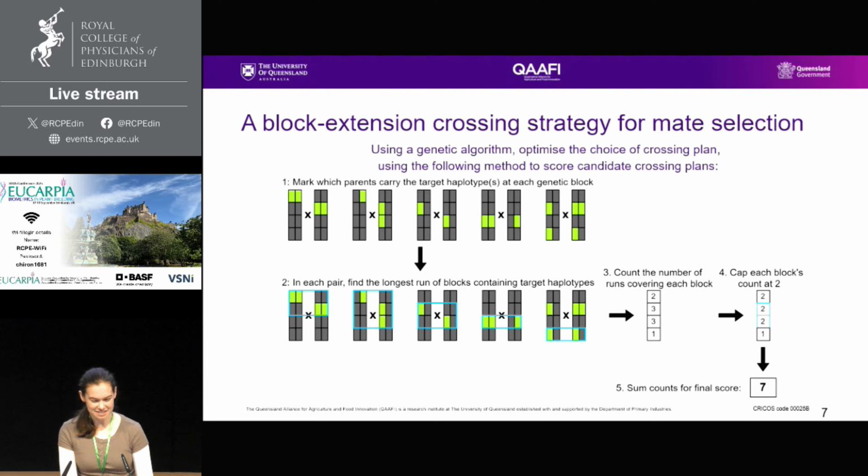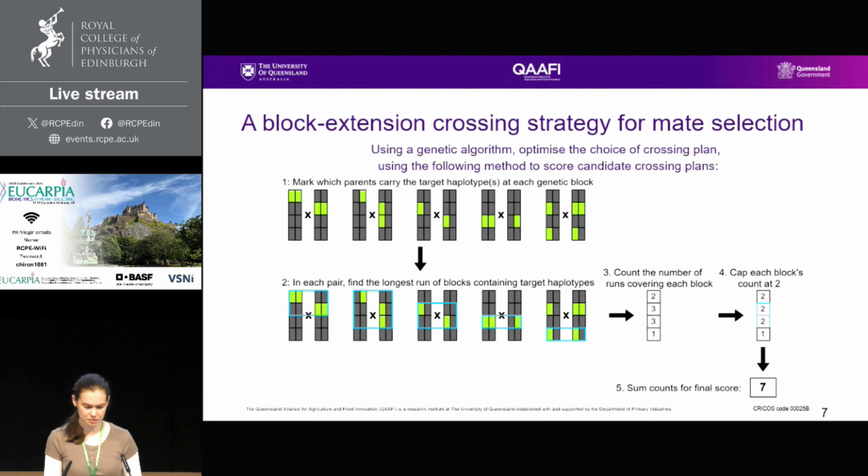So after you've marked that off, go through every pair that will be crossed together and find the longest run of contiguous blocks where at least one parent is carrying a desirable haplotype. And the plan would be 2 generations down the line, you really want those to all be in coupling phase together so that we get more genotypes like A than like the zigzag genotype B from the previous slide. So these are the blocks that we're hoping to extend if we recurrently apply this mate selection algorithm.